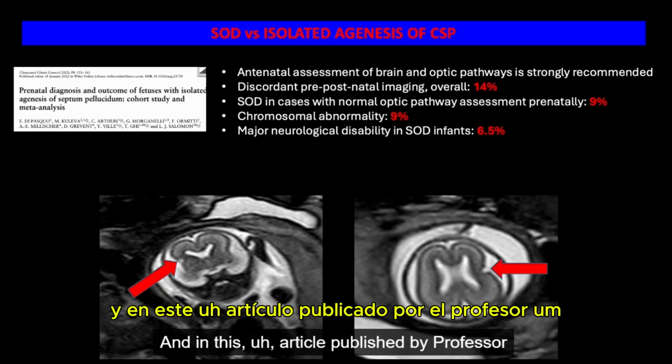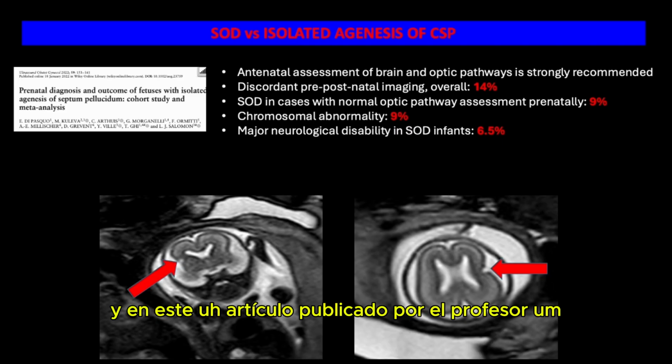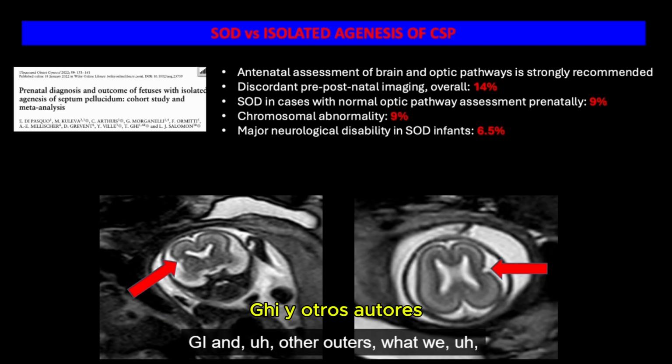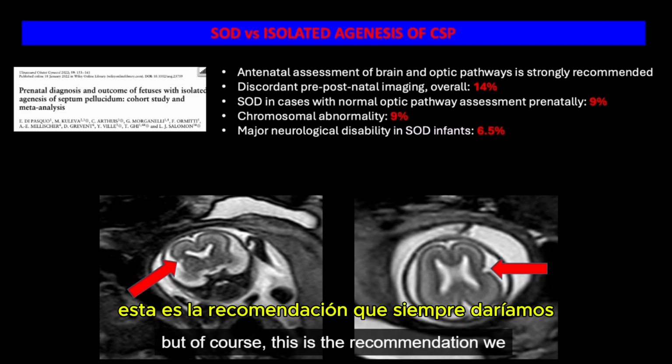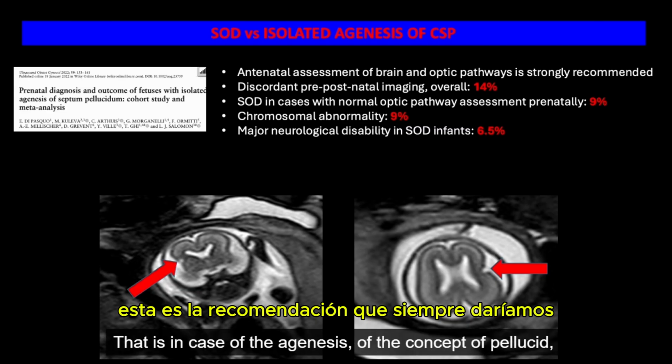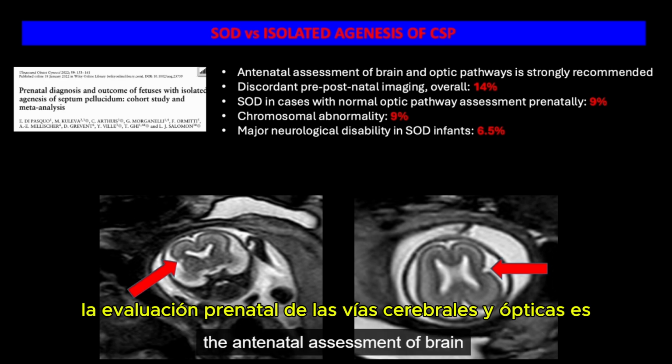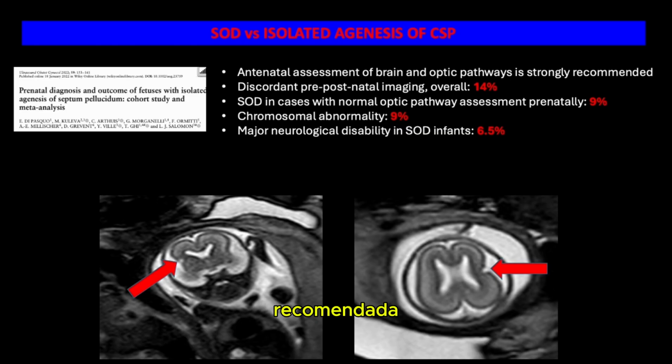And in this article published by Professor Guy and other authors, what is recommended, and of course this is the recommendation we would always give, is that in case of agenesis of the cavum septi pellucidi, the antenatal assessment of brain and optic pathways is recommended.